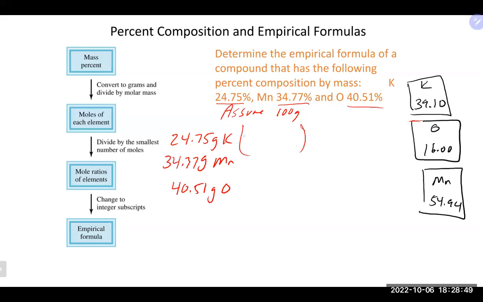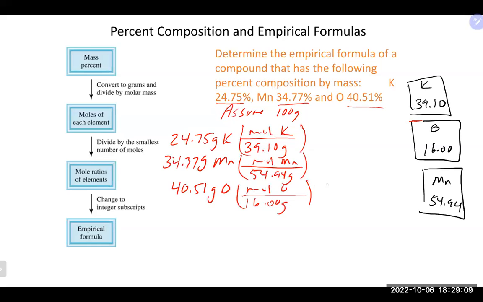All right, so for potassium, that's 39.10 grams on the bottom, moles up on top. For the Mn, that will be 54.94 grams on the bottom, moles up on top. And for the oxygen, that will be 16 grams on the bottom and moles up on top. So if we do that, converting those guys into moles, 24.75 divided by 39.10 gets us about 0.633 moles.